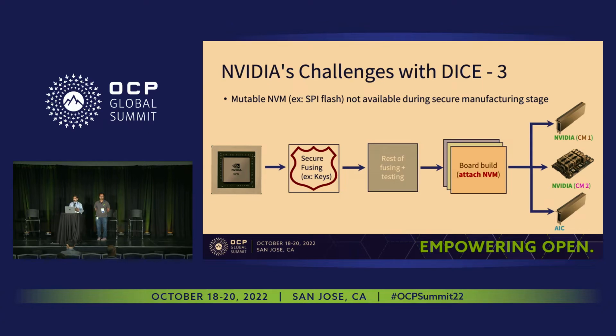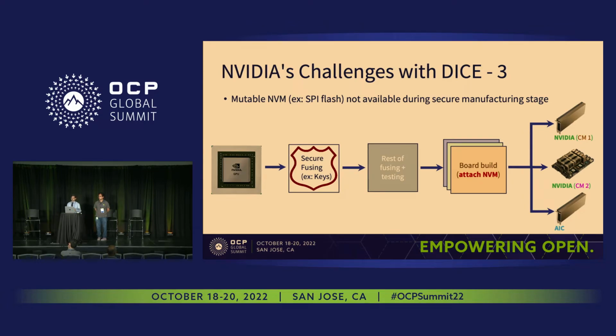To understand that, let's look at the picture at the bottom, where on the left there's an NVIDIA GPU shown. It's coming out of the foundry. The next step is to do secure fusing or security-related fusing, like keys or security provisioning in general. And then for completeness' sake, the picture shows an additional box, which is about the remainder of the fusing, remainder of the testing, not very relevant to this presentation.